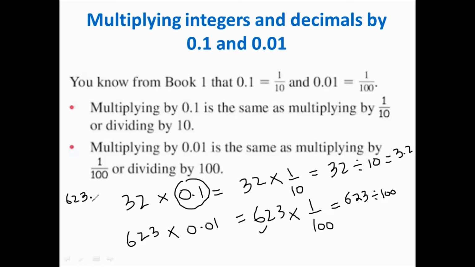I'm just doing my rough work. I have to move it two places to the left, because there are two zeros in 100. So my answer would be 6.23. This is the answer of dividing by 100.